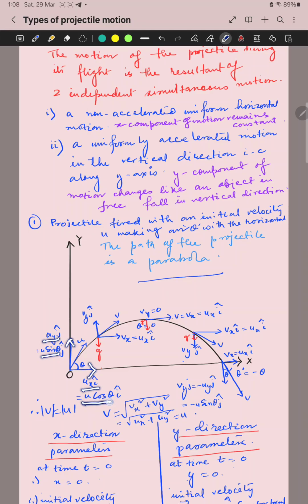Now this u cos theta remains unchanged along the x direction till the landing position. Why?